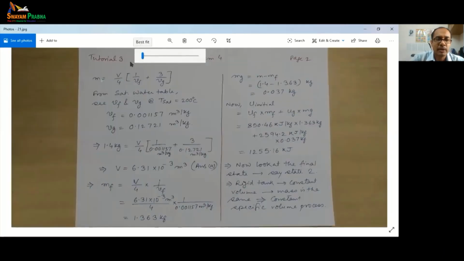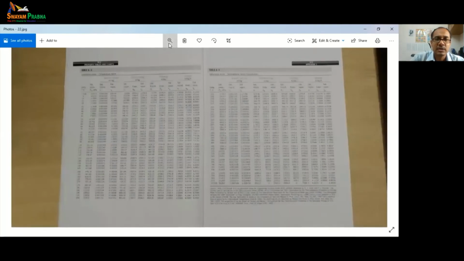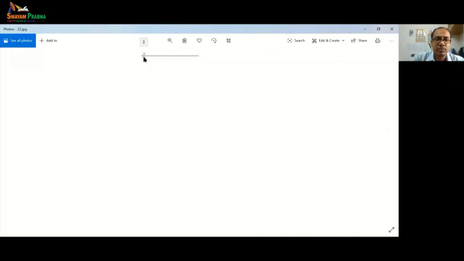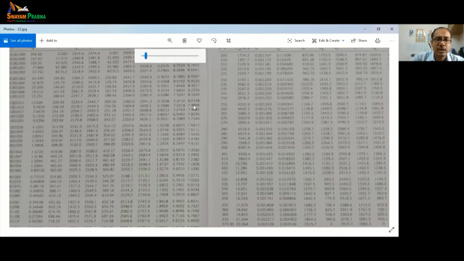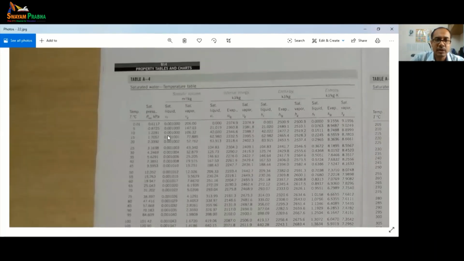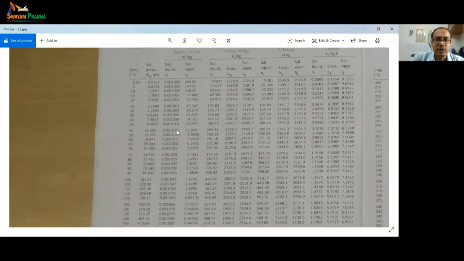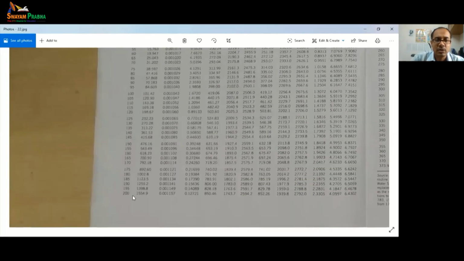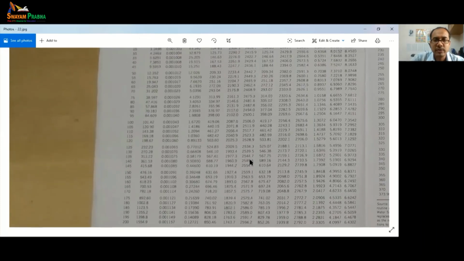Let's go back to the same row that gave us the specific volume values. This is the same saturated water temperature table, and we need the row corresponding to 200 degrees centigrade, the saturation temperature. Now we need to find uf and ug.